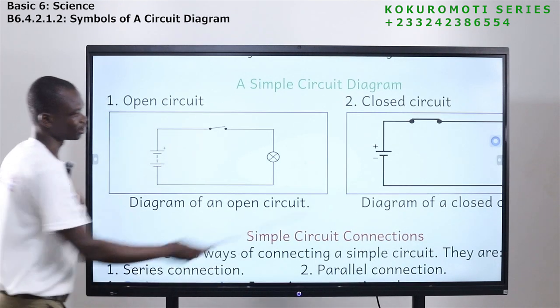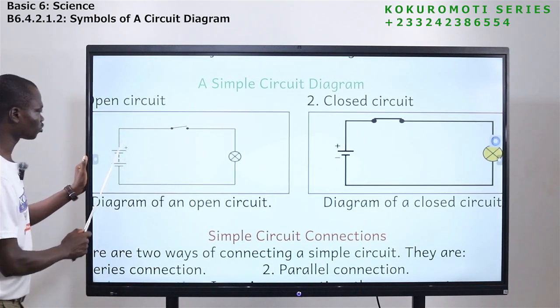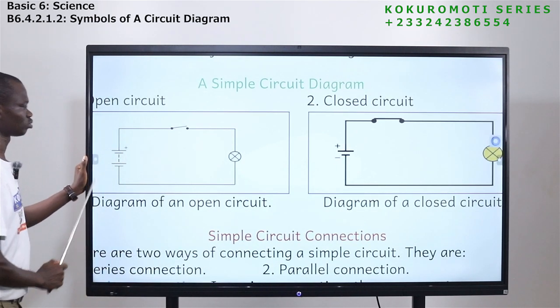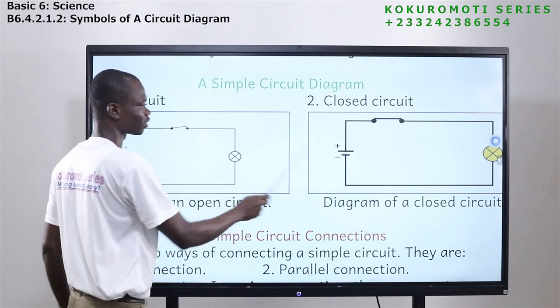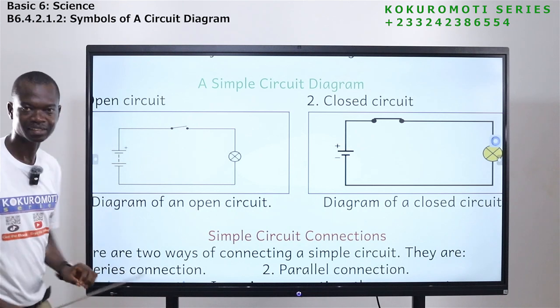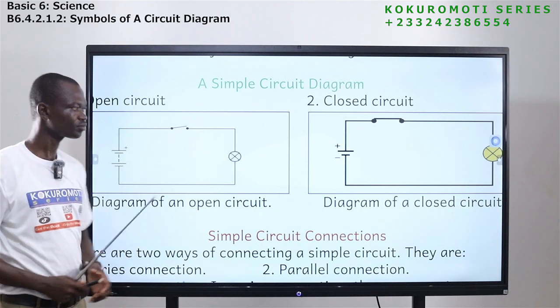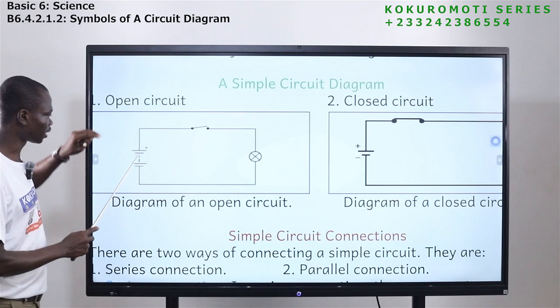This is a battery. This is a dry cell. The difference is that here we have two dry cells, but here we have only one dry cell. So one dry cell is a dry cell, but two dry cells is what? Battery. For the dry cell, we have positive, negative, making one.